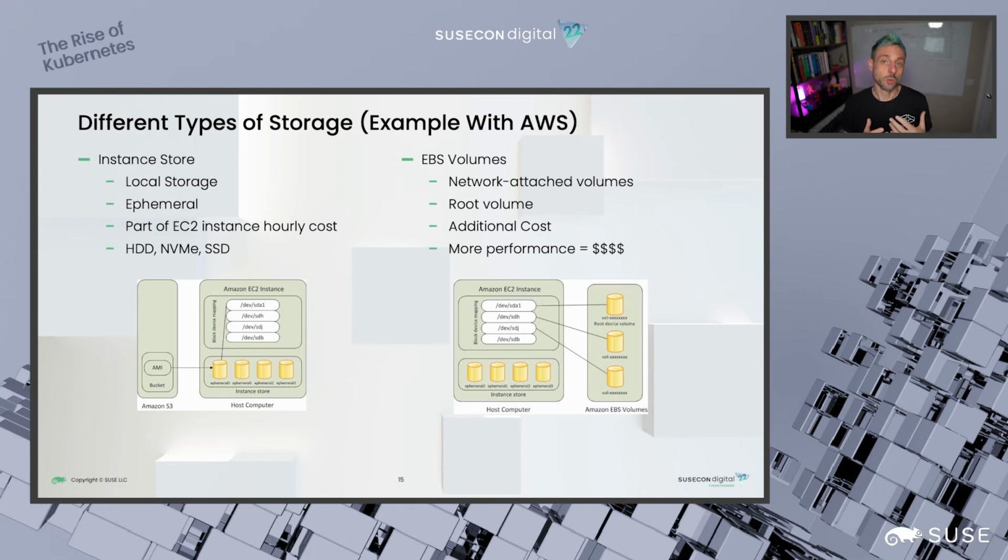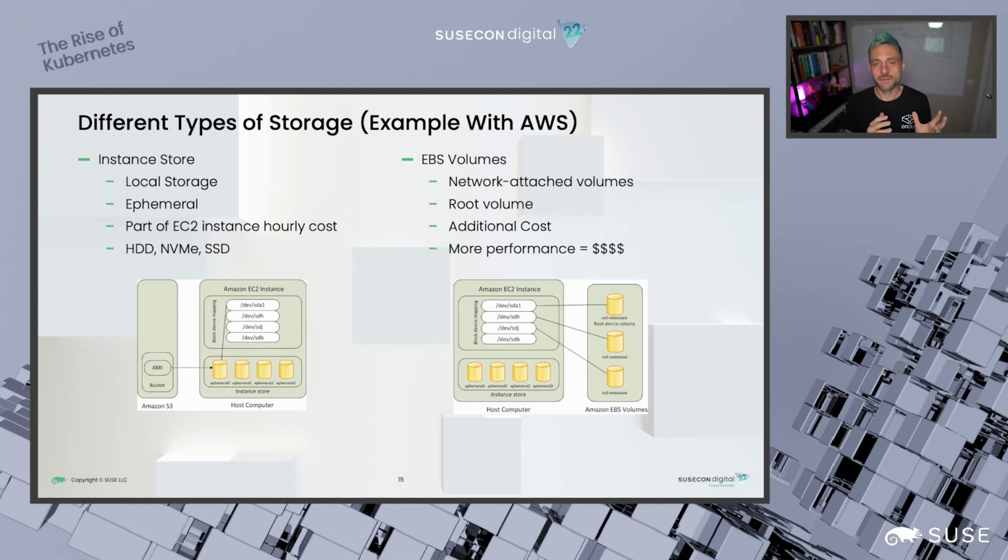In AWS, it's called the instance store, which is the local storage attached to your machine, that is physically attached to it. This storage is typically ephemeral, meaning that when you shut down a node and reboot that node, the data that was sitting there is completely wiped out, which is not what you want.